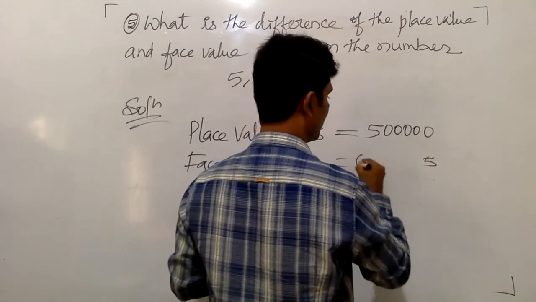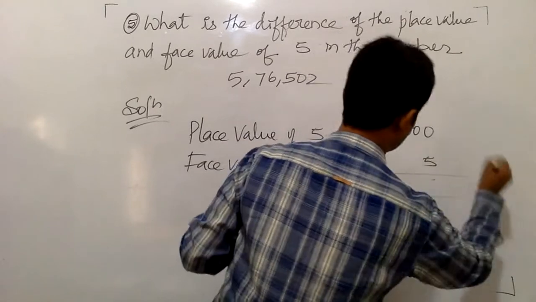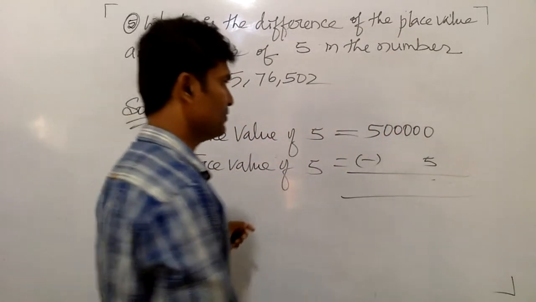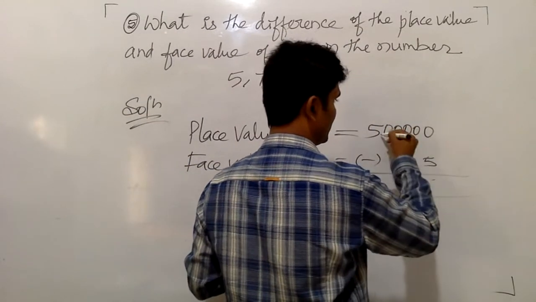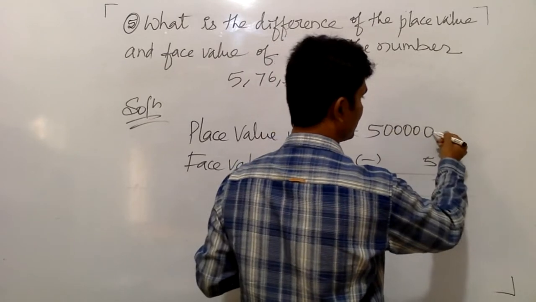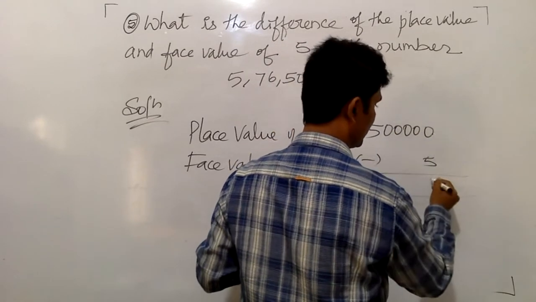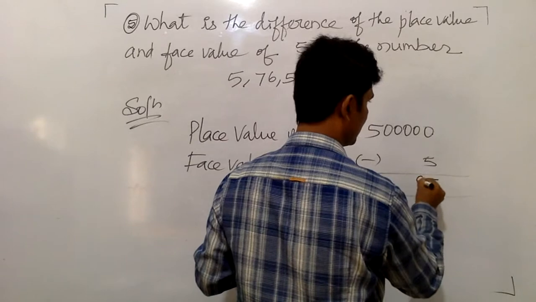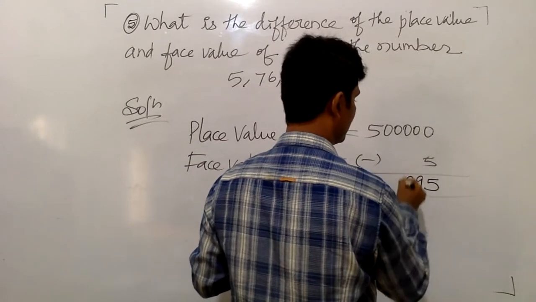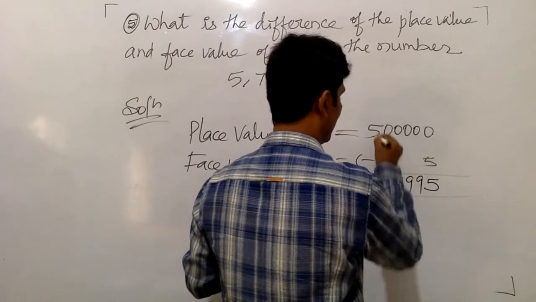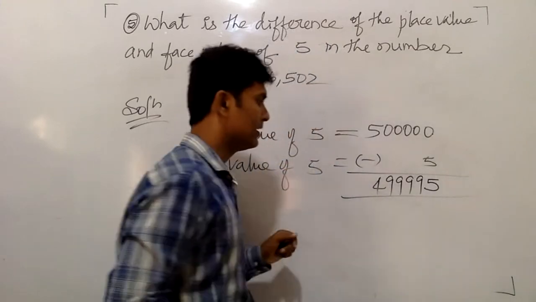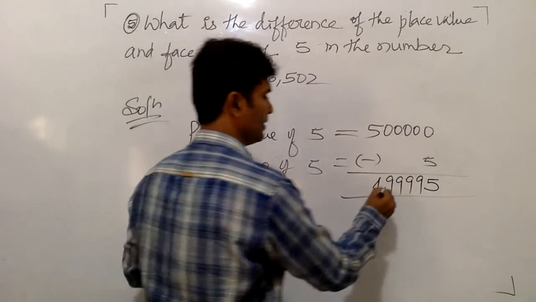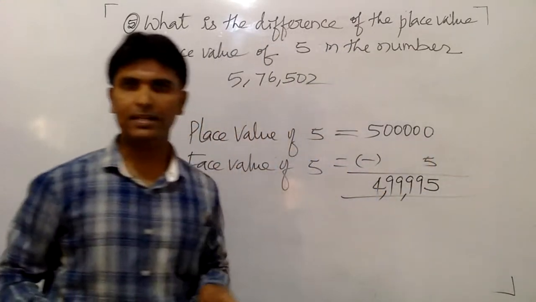So we have to take the difference, that's why we have to subtract. See, if we take 10 from here, it will become 10, 10, 5. This is 9, this is 9, this is 9, this is 9, and this is 4. 4,99,995 is the answer.